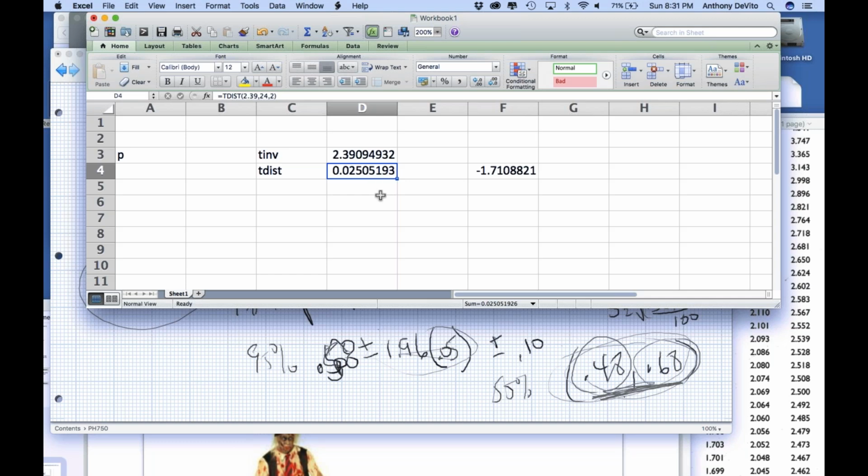Okay, so it's a little confusing, right? Sometimes it's a little bit easier just to use the tables rather than to do this. We're also going to be doing some work with SPSS, which will give you the p-value as well.